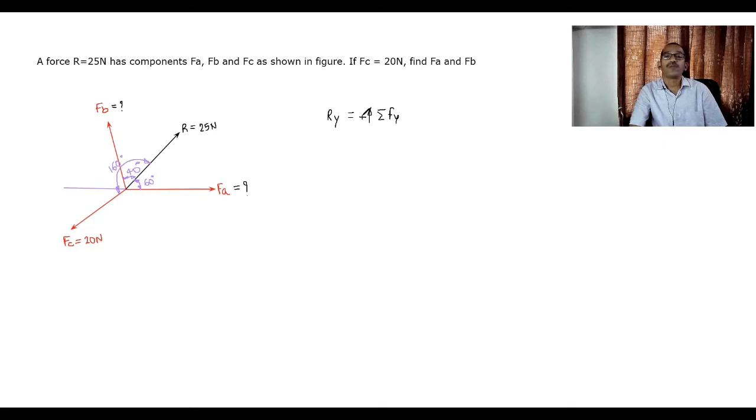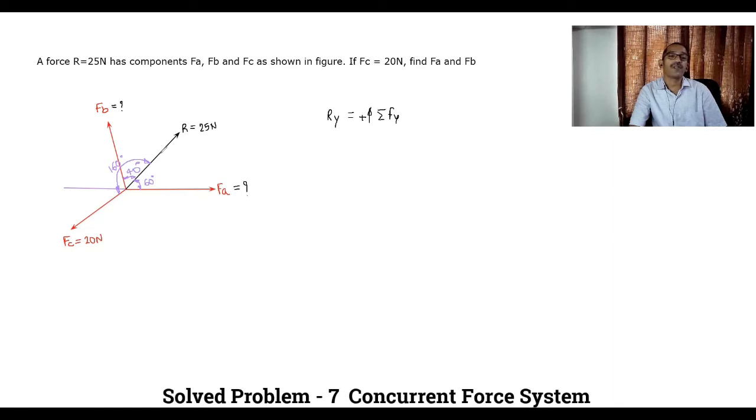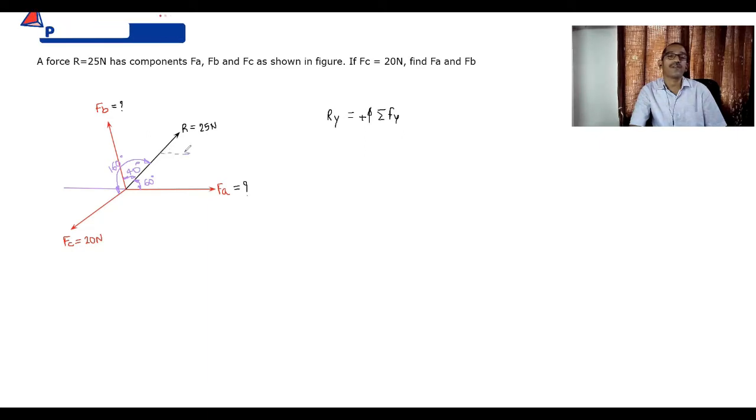Now to write all these components, we'll first resolve these forces and the resultant. R is pull type in nature, that means away from the body. Therefore the components of the resultant are rightward along the x-axis and upward along the y-axis.